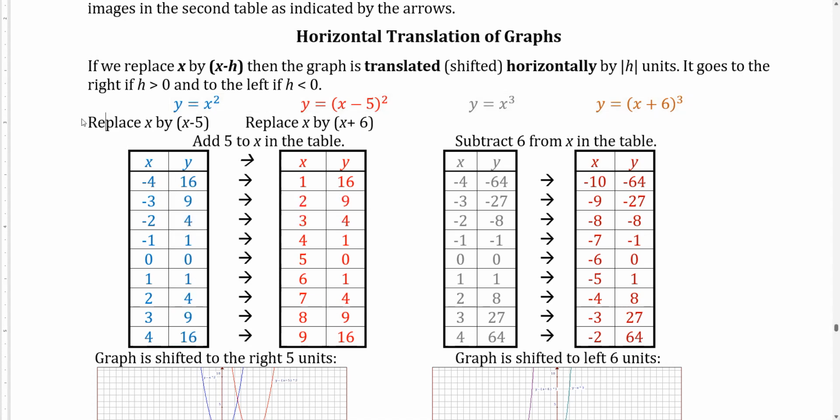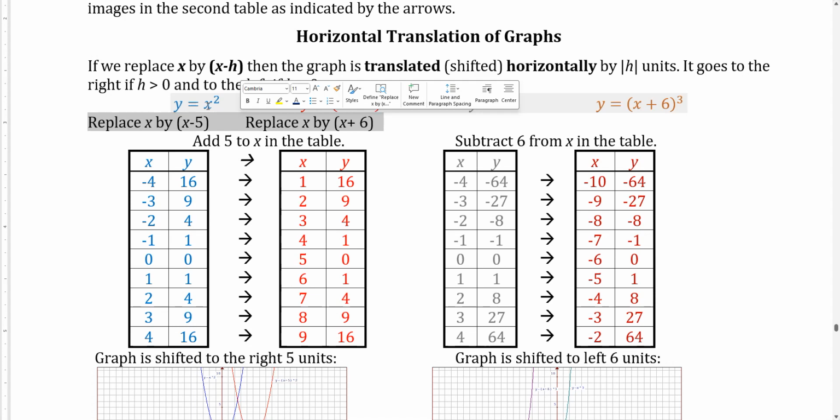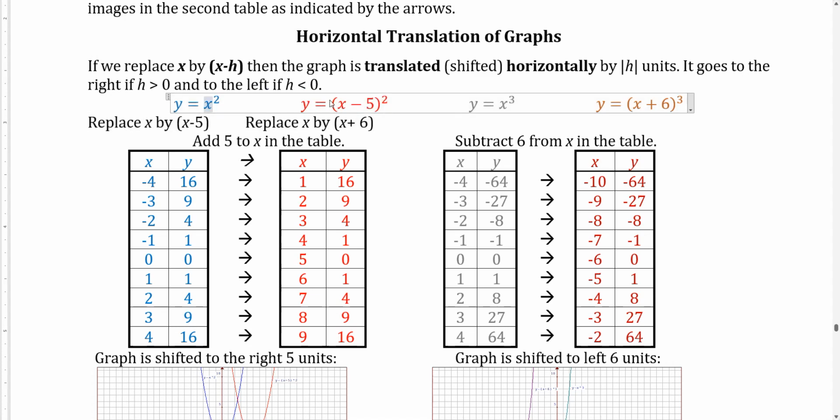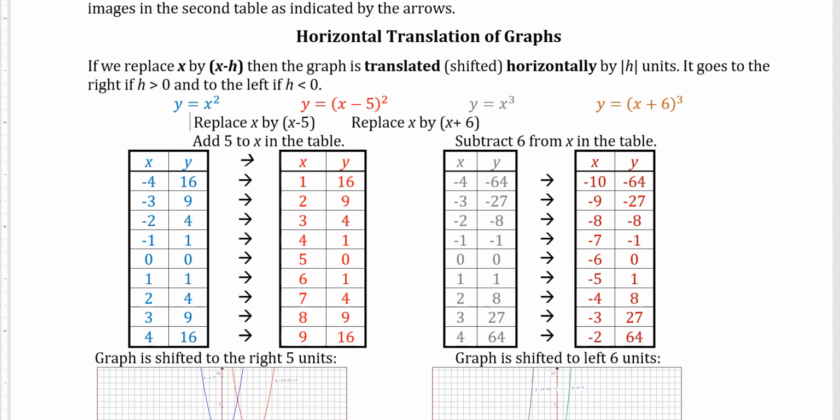Now here's what I want to show you. If we take this equation, take where the x is, and replace that whole thing by parentheses x minus 5, then what is actually happening in the table? Well, the formula, when you're thinking of it this way, is always going to be backwards.